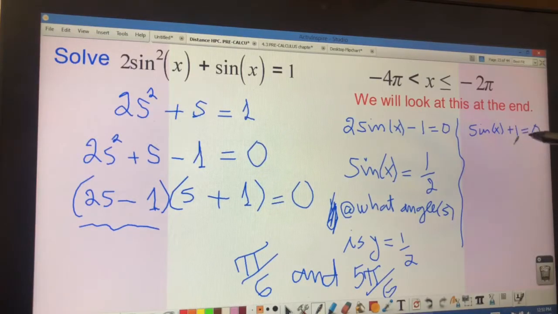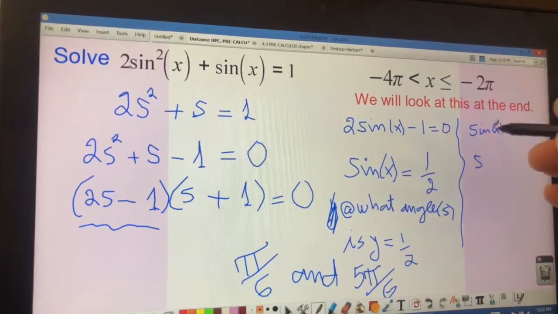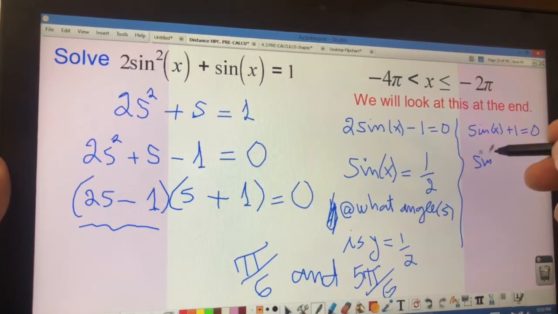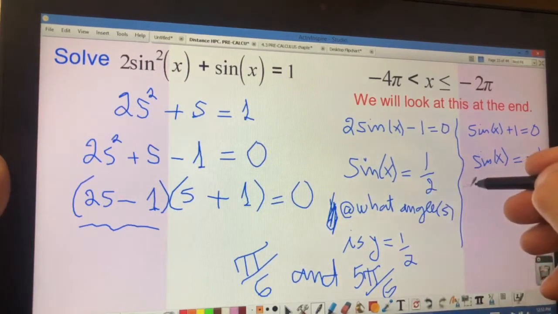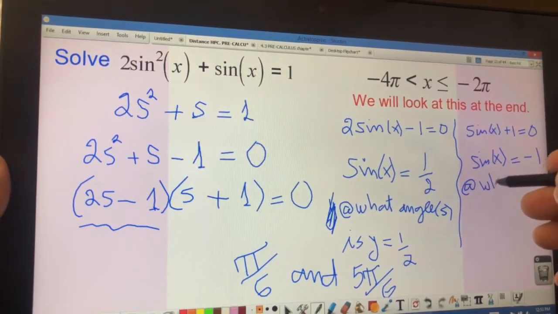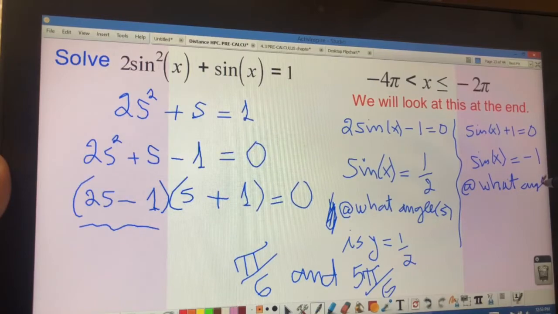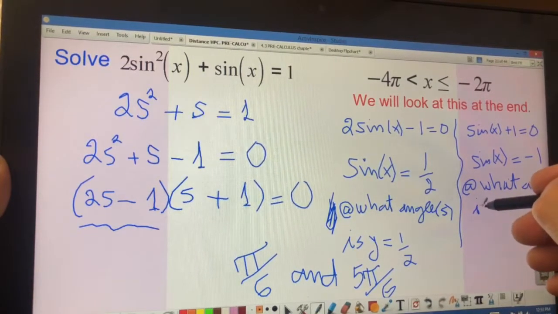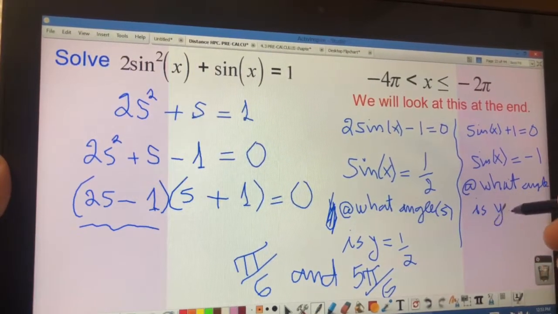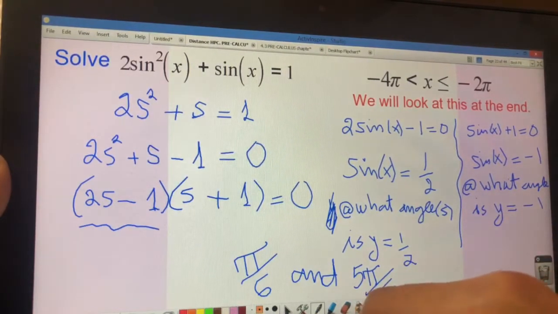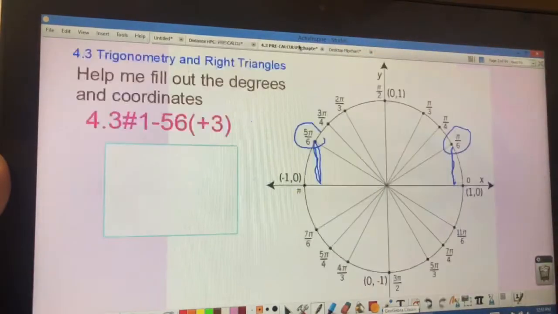This one, same thing. You're going to subtract 1 from 0, so you get sine of x equals -1. Now, same question: at what angle is your y equal to -1? All right, unit circle again.